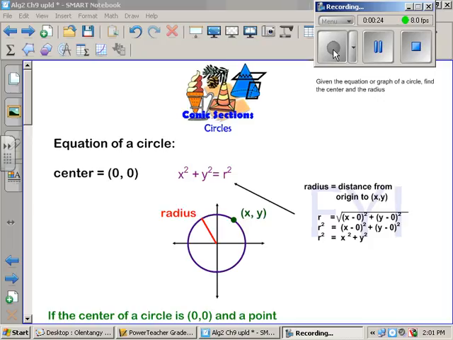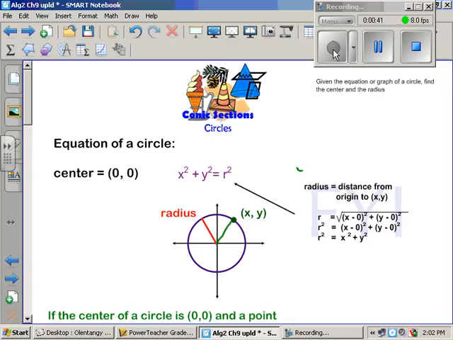And you don't have to write this down, but just to show you where that came from: the radius is the distance from the center of the circle to a point on that circle. So the radius is equal to, if it's centered at (0, 0), the square root of (x2 minus x1) squared plus (y2 minus y1) squared.